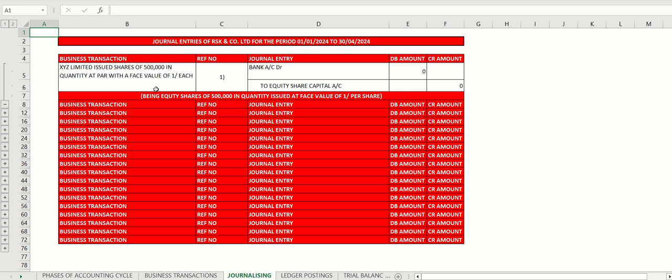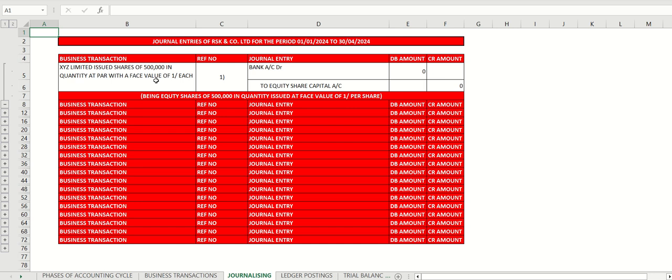Now my first business transaction is XYZ Limited issued shares of 5 lakhs in quantity at par with a face value of 1 rupee each. So what does it mean? The company had issued some shares to the outside public to raise finance, which means in the form of equity. So what is the face value of each individual share? 1 rupee.